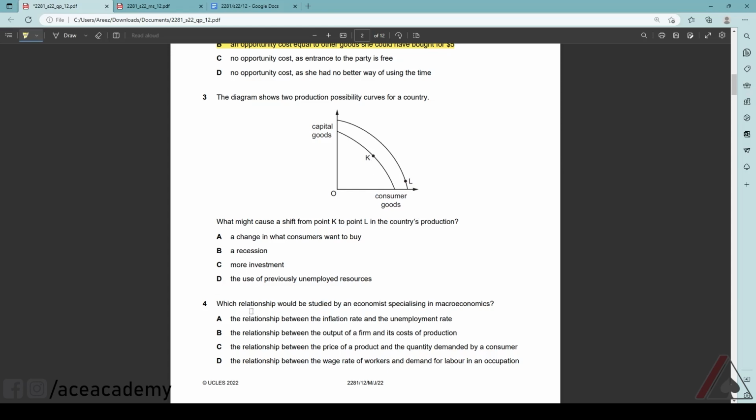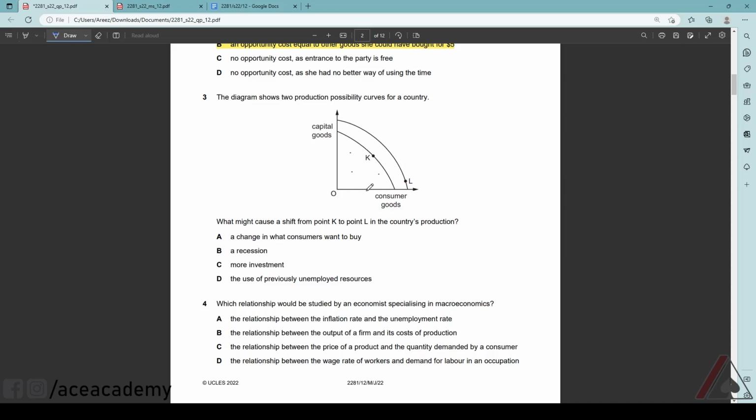So C makes sense. D is that previously unemployed resources are now being used, right? So why is this also wrong? A lot of students get confused on D specifically. The reason why D is wrong is because if there were unemployed resources, K would not have been on the production possibility curve. Instead, it would have been anywhere within the curves.